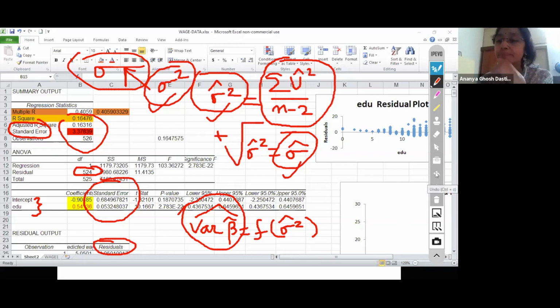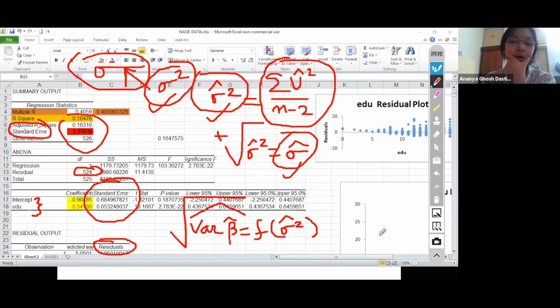Now, once I take the positive square root of the estimated variance, what I get is the standard error of beta hat. That is what this is.